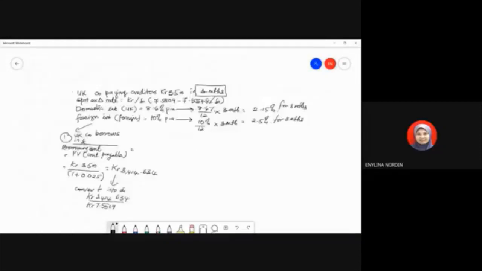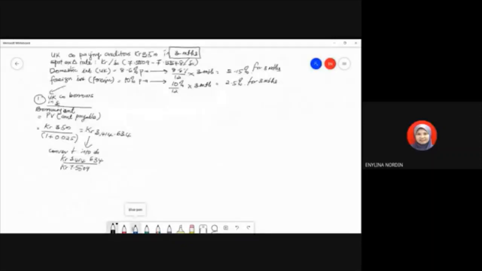So this 7.5509 is the exchange rate that we use to convert this kroner amount, and therefore we will get in pounds equal to 452,216 pounds. So this is actually the amount that the UK company should borrow.